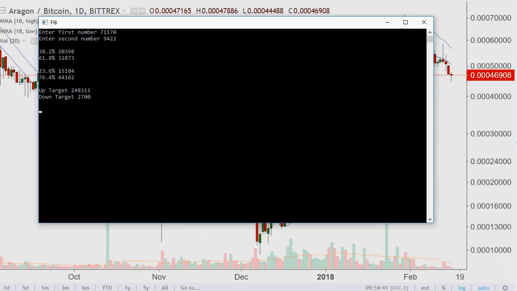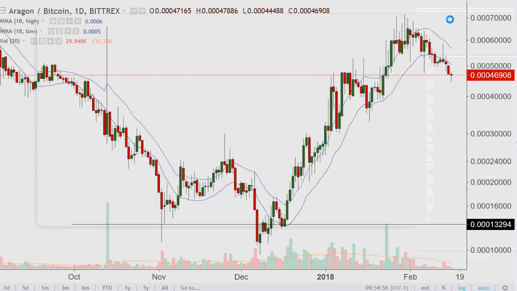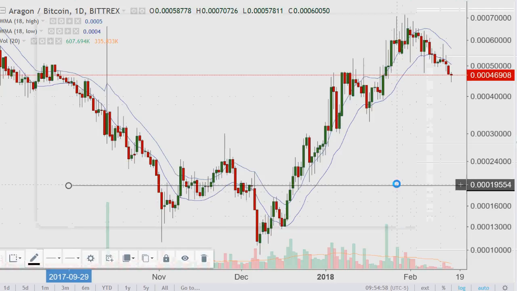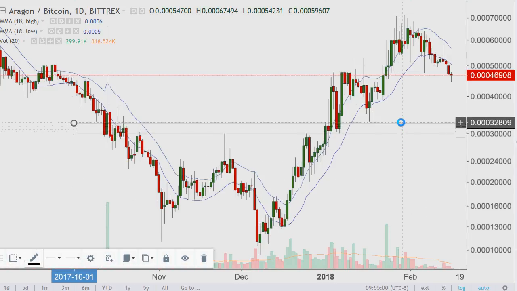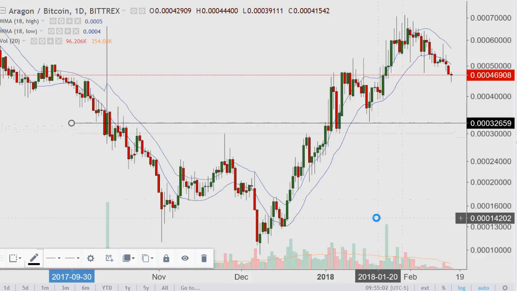And again, this is just a simple calculator. So high divided by the root to the exponent of these numbers. Well, the key numbers, the 76.4 is in at 44, which is pretty much the current level. So breaking down below that, we're looking at about 32,873. So I'd be looking for a move to roughly around here, which is the previous low.